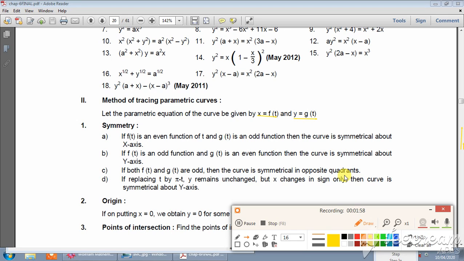So if you see a parametric curve from your syllabus, write directly that it is symmetrical about the y axis, and if it is a cycloid, it is only symmetrical about the y axis. If it is a tractrix or an asteroid, we are going to see what the tractrix and asteroid are. All the 6 curves we are going to see. Out of that 6, I am going to show 3, and the remaining 3 you do at home. So that is regarding your symmetry.